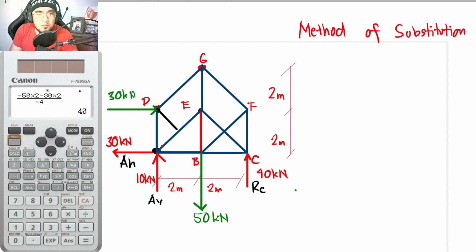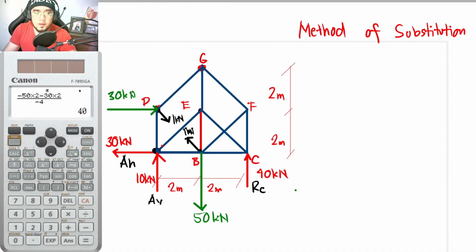So since we have removed this particular member here, let us now place a unit load which is in tension here. So let us assign 1 kilonewton to each of these nodes.